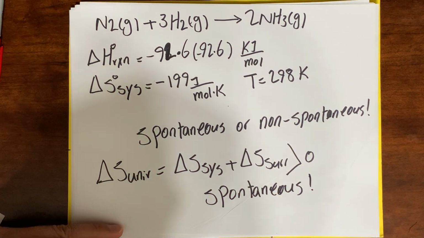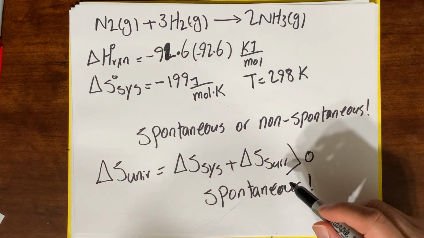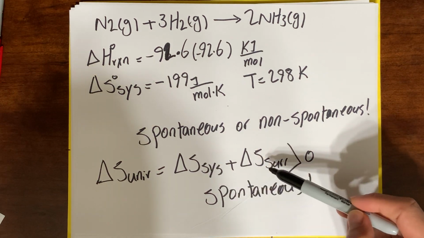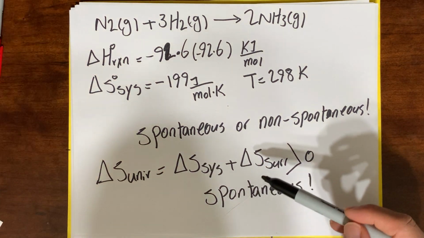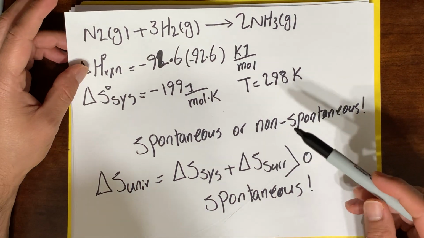So it has to be positive for the reaction to be spontaneous. We do have delta S of the system, but we don't have delta S of the outside. So now let's go after it and find delta S of the outside.